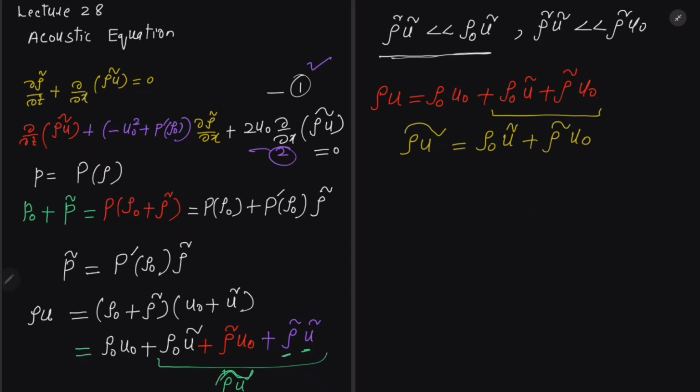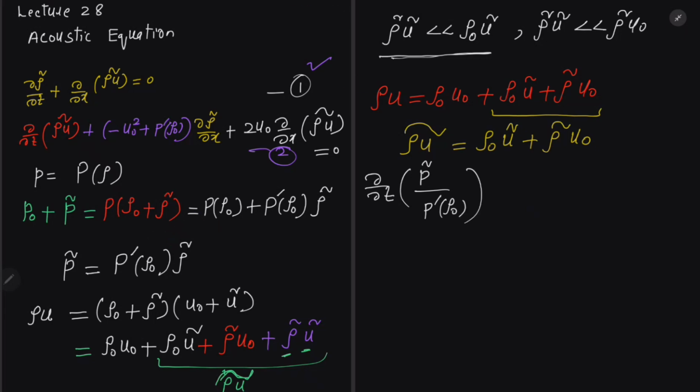And when we put this into equation 1, we get partial by partial t, rho tilde will be equal to p tilde over p dash rho naught from here.